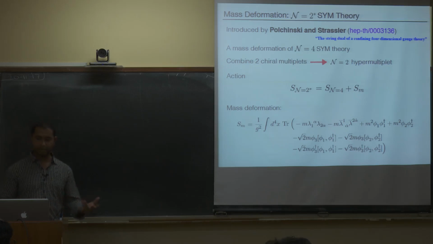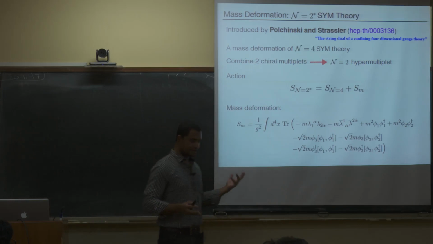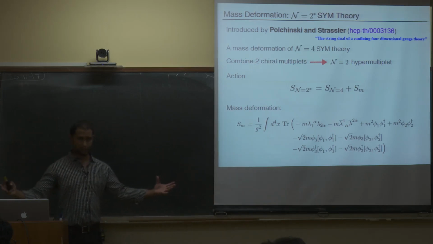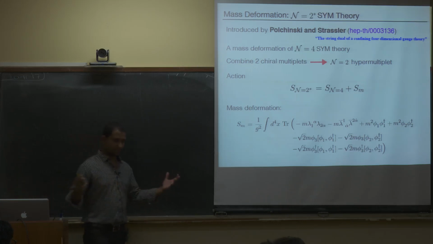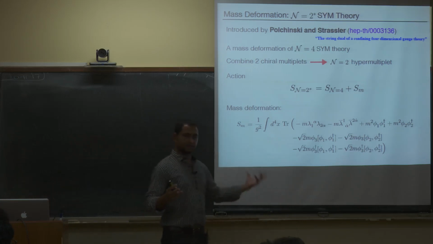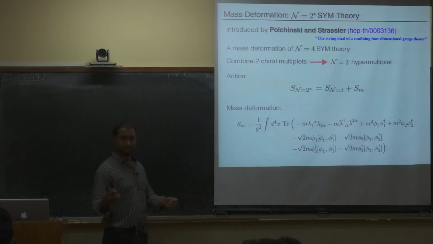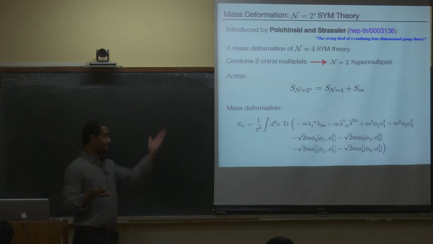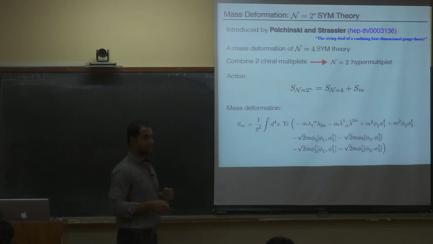You might ask why it is called 2 star. This theory is non-conformal, and it is between N equal to 4 and N equal to 2. It actually flows: in the UV it becomes N equal to 4 super Yang-Mills, and in the IR it becomes N equal to 2. Since it is something in between, people call it N equal to 2 star.